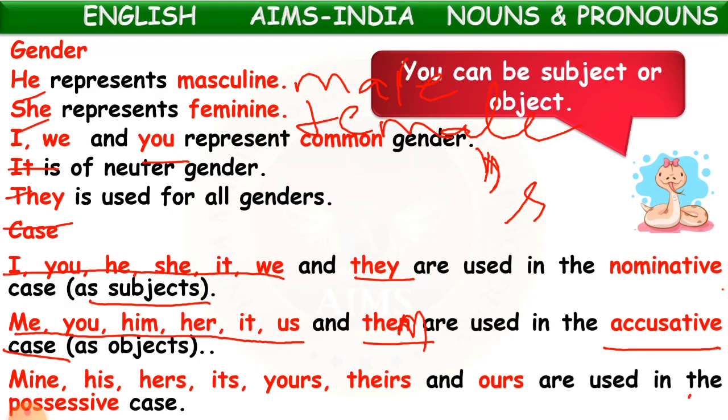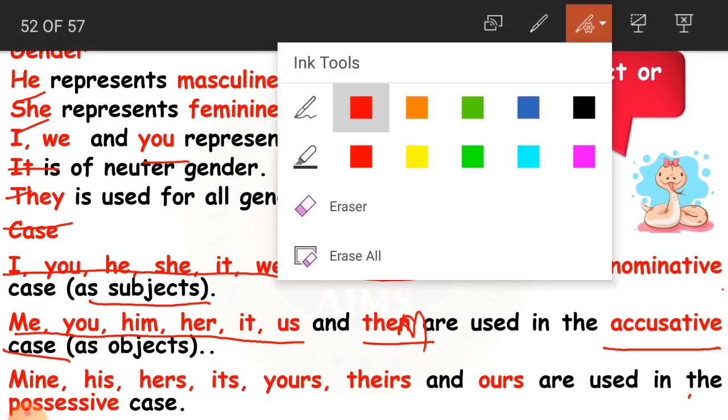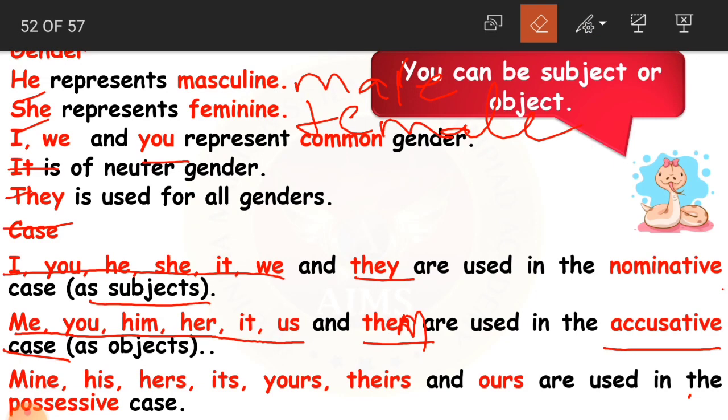But for pronouns, we are not having any apostrophe in the possessive case. See here, mine, his, hers, its, yours, theirs and ours. So these are all what, children? The possessive case. Okay, clear children?